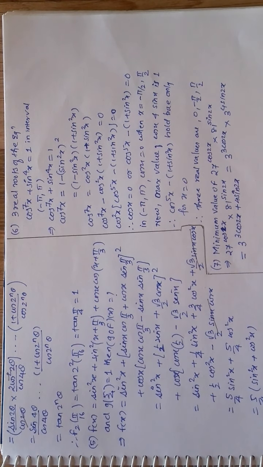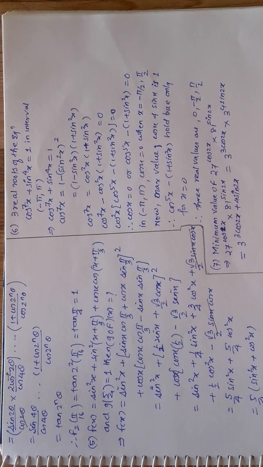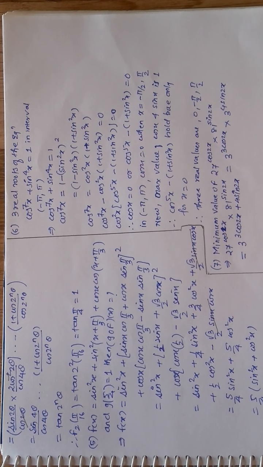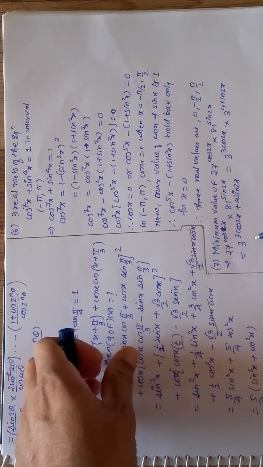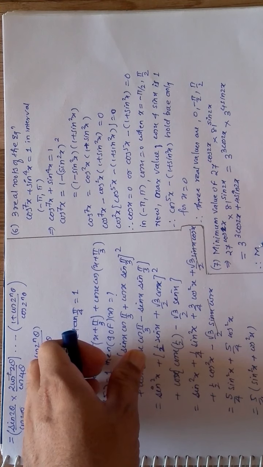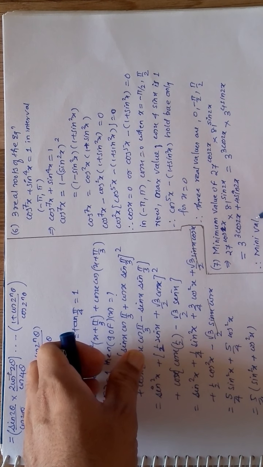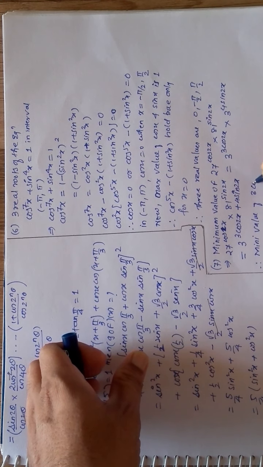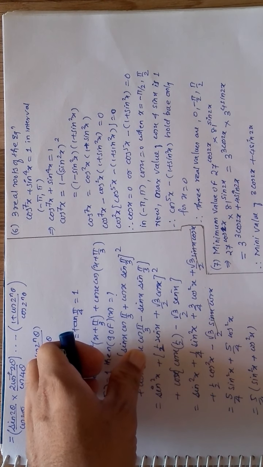Now what does this remind you of? See, the angles are the same, 2x and 2x, in the form of a sin x plus b cos x. So obviously the minimum and maximum value you can know. So the minimum value of 3 cos 2x plus 4 sin 2x will be minus under root 3 square plus 4 square, that is 16 plus 9, which is 25, and root is 5.